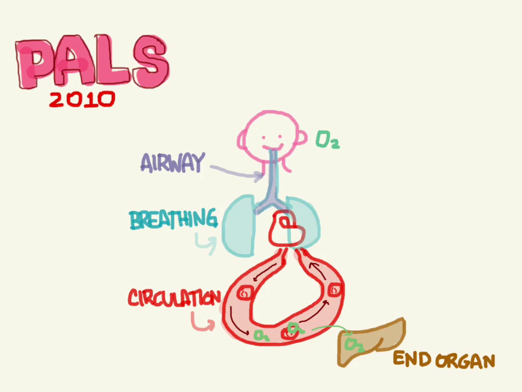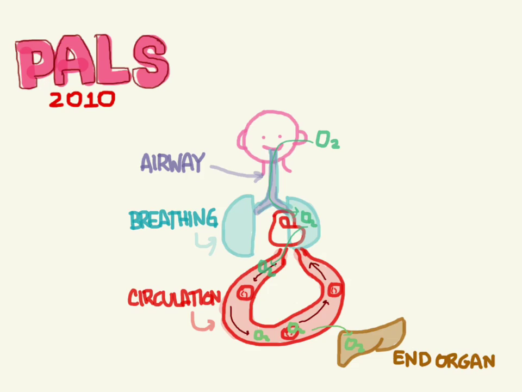And so the purpose of the airway is to get oxygen from the outside to the lungs. And breathing is to get oxygen from the lungs into the blood. And finally, circulation is to get that oxygen from the blood to the end organs. So the path of oxygen is from the outside world to the lungs, to the blood, to the end organ.